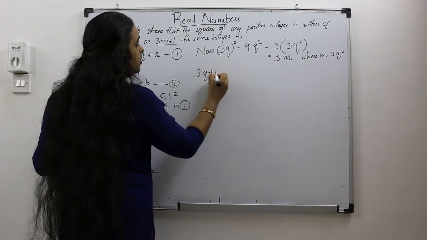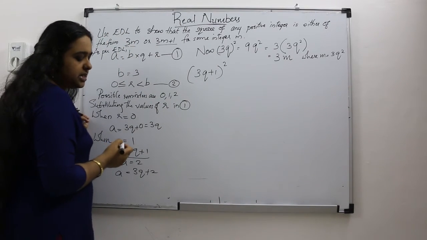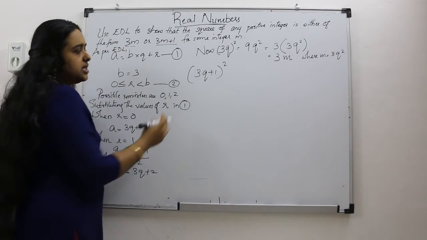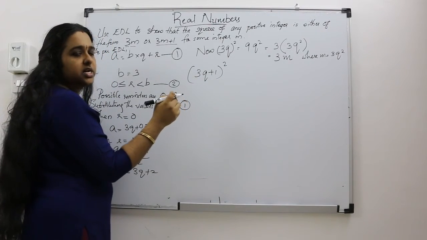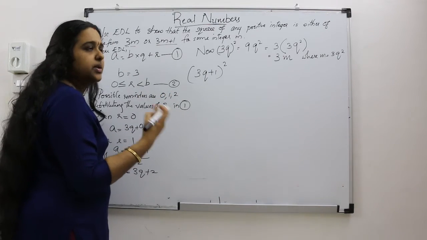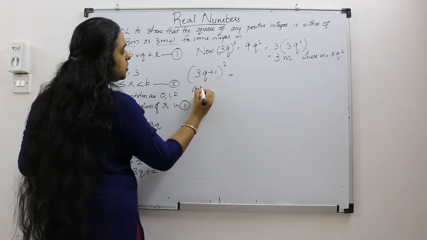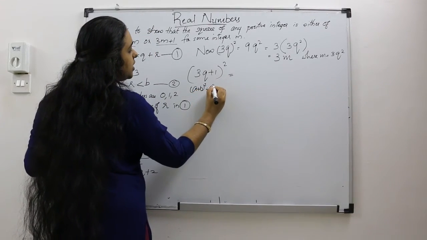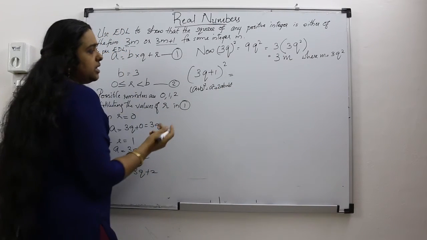I am going to take the square of 3q plus 1, that is 3q plus 1 whole square. This is of the form a plus b the whole square. We have studied that a plus b the whole square is a square plus 2ab plus b square.